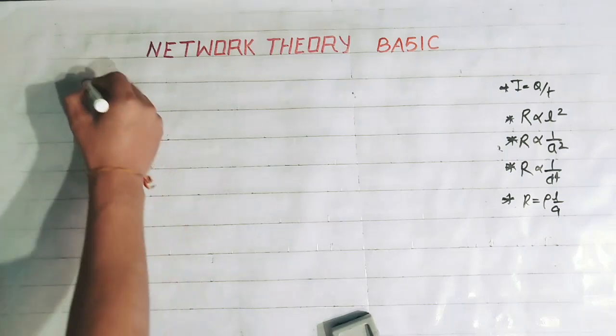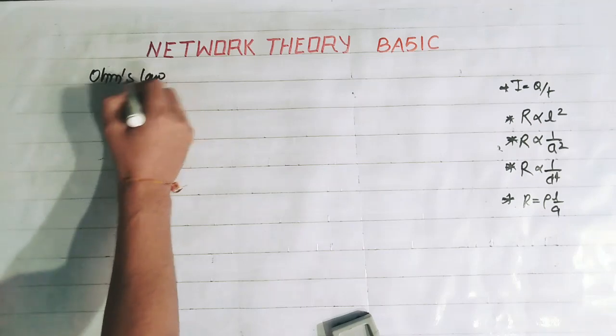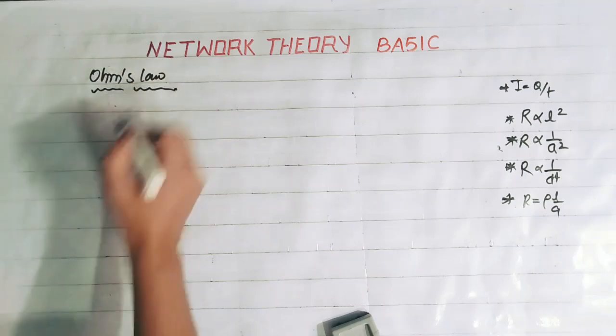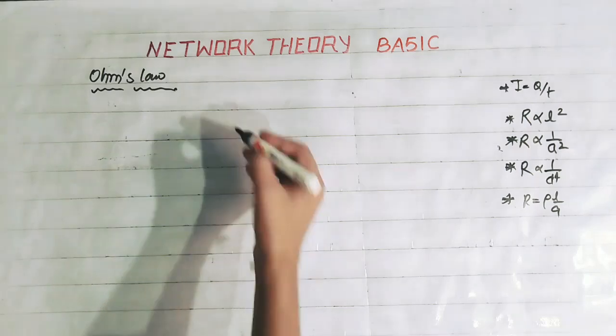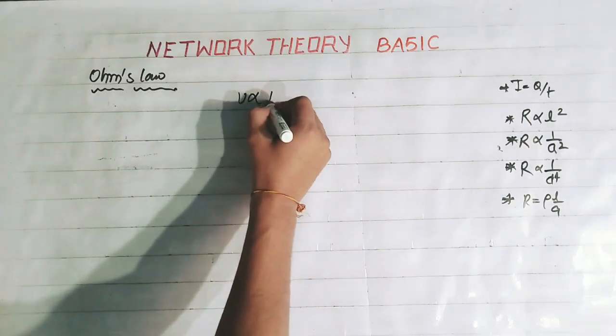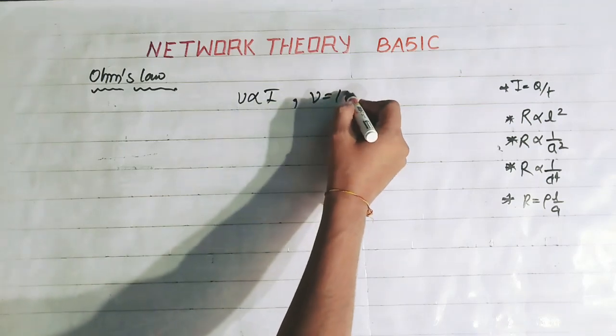Now what is Ohm's law? Ohm's law states that current flowing through a conductor is directly proportional to the voltage applied across it. Or we can write V is directly proportional to I, and V is equal to IR.